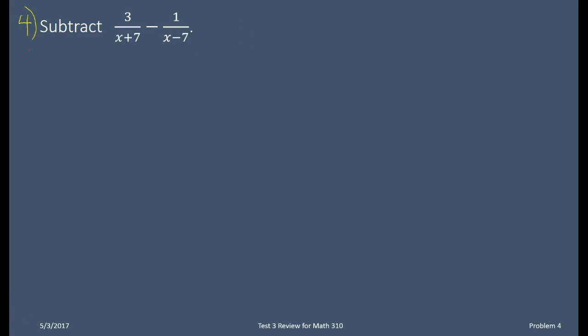In this problem, we have different denominators. Our least common denominator is going to be x plus 7 times x minus 7. So in the first, we already have the x plus 7, so we need to multiply by x minus 7 over x minus 7.